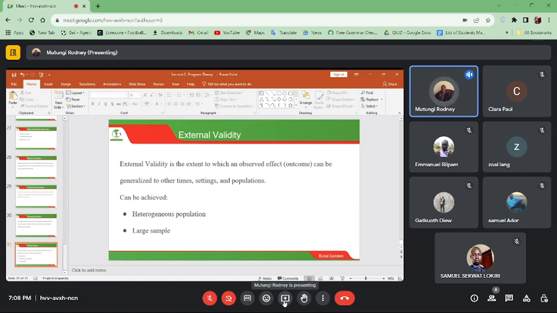So you cannot conclude that there has been nutritional change or people are no longer experiencing stunting and have better nutrition status when you have a small sample. Like I said, you cannot have 100 and use it to infer to the general population, which is 1 million. That is a very small sample.